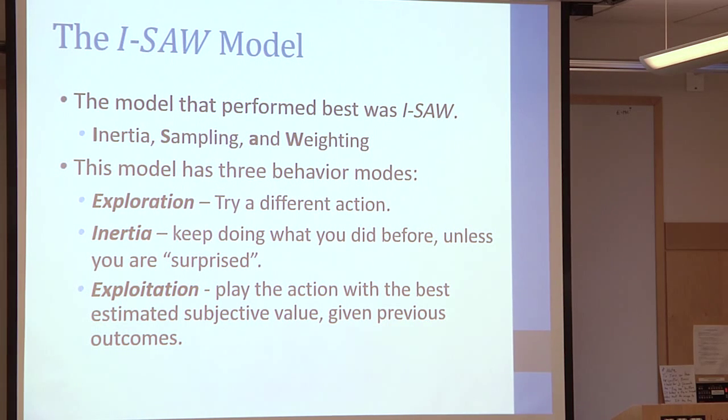If you didn't decide to do that, you keep on doing what you did, unless the last signal you got completely surprised you, something you completely didn't predict. In which case you do exploitation: you look at the last few samples you have and make your best decision given that. With certain parameters, this was the best fit for all the observations they got from running these experiments.